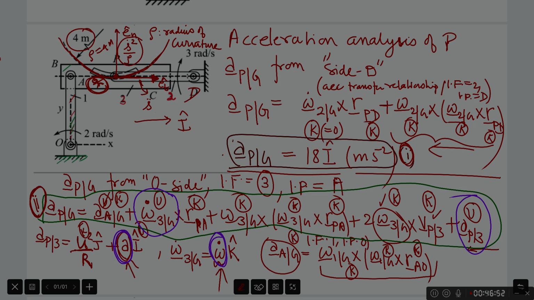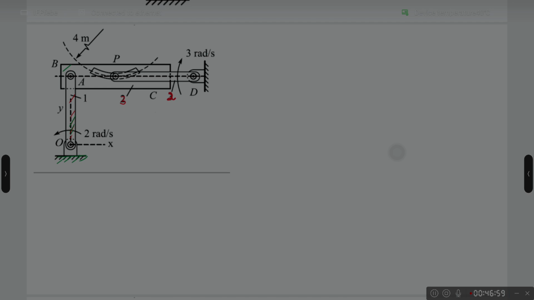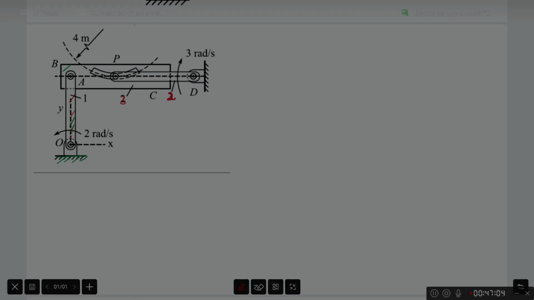I am going to match these two. When I match these two, I will get a vector equation, and that vector equation is a rather simple one that you should get. You should get 18i, which is coming from one side of the expression. And when you match it with the other side, you get these terms.